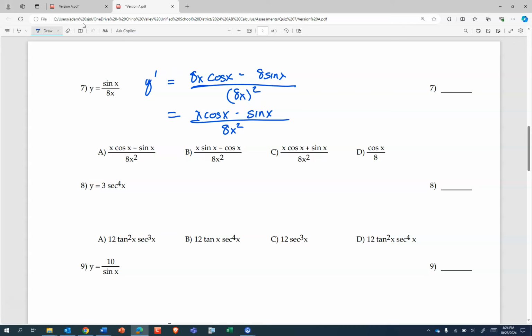So we're going to get one of the 8s to divide out. X cosine of x minus sine x looks right. X sine x is wrong. X cosine of x is right. Wrong sign here. Because, well, this wouldn't change because we're doing the derivative of 8x. And there's no way it's answer choice D.